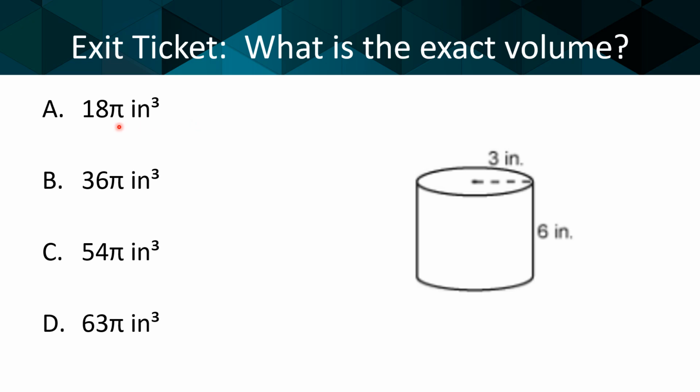Exact, leave pi. Approximate, let pi equal 3.14. So you guys, if we have a cylinder with a radius of 3 inches and a height of 6 inches, what is the exact volume? Go ahead, jot down your answer, A, B, C, or D, and we'll go over this when I return on Wednesday.